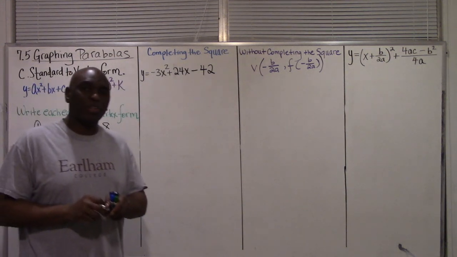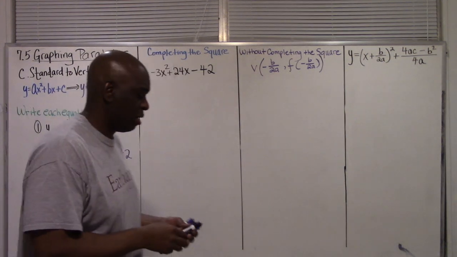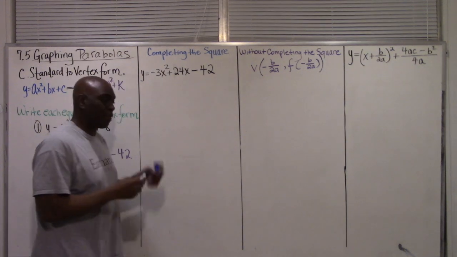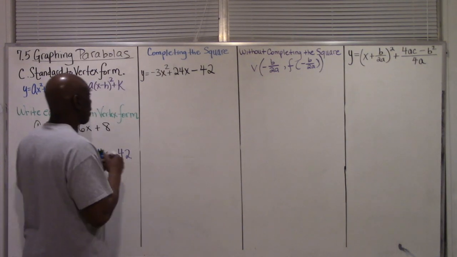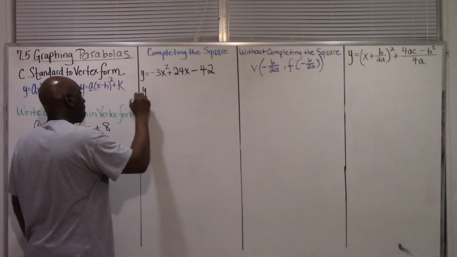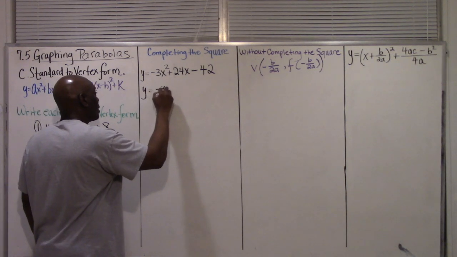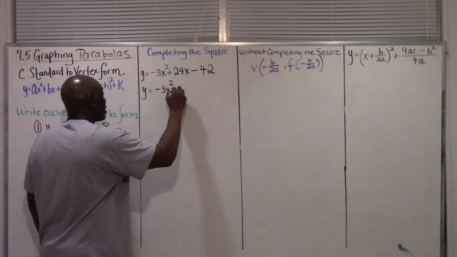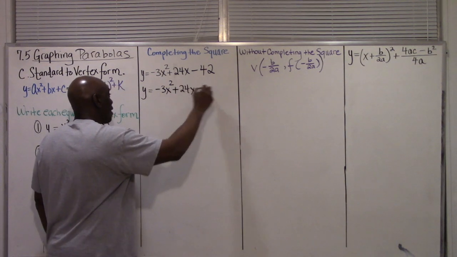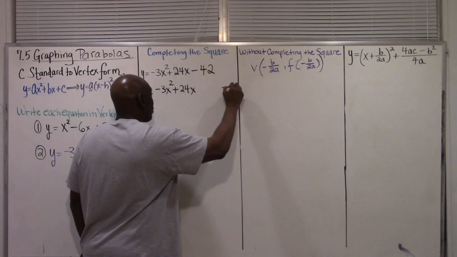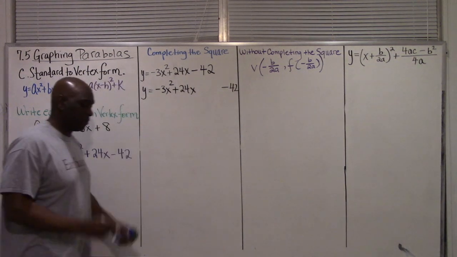And we're going to do it with completing the square. Alright? So here we go. We start off again, same way we did example 1. Alright? So we have y equal negative 3x squared plus 24x. Move the minus 42 way over. Minus 42. Leave some space.